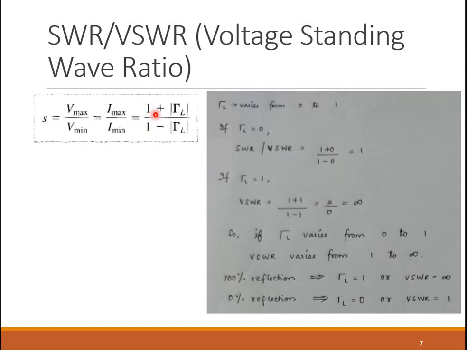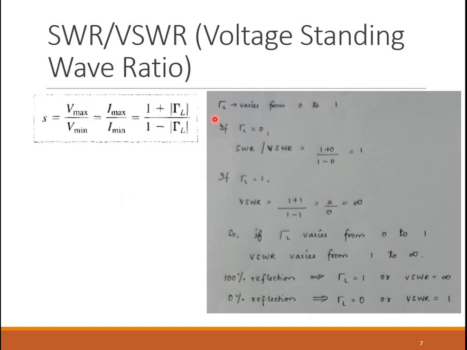The other way of writing it is 1 plus the absolute magnitude of the voltage reflection coefficient divided by 1 minus the absolute magnitude of the voltage reflection coefficient. Specifically, if you're asked to write about VSWR, the voltage standing wave ratio, then we need to consider only the definition Vmax by Vmin. Imax by Imin is used for ISWR, the current standing wave ratio. So Vmax by Vmin will give you the voltage standing wave ratio.